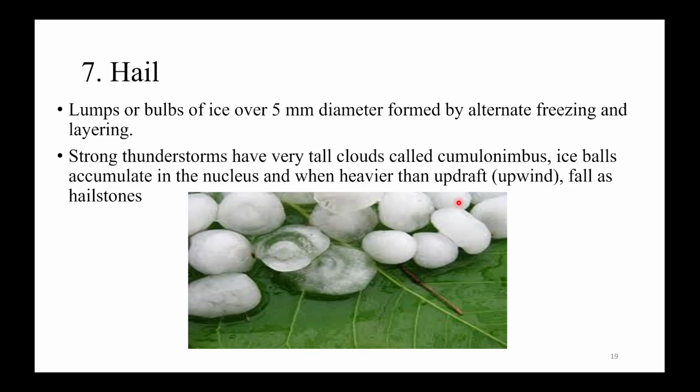And they will rise and rise because, as we know, warm air is always lighter in density and cold air is denser. Light air will always rise above the denser air, that is, warm air will always rise above the cool air. And midway it will lose some of its heat because of the adiabatic lapse rate, then it will form a cloud. And these clouds, especially some special cases which we have seen, like the thunderstorms, are very tall clouds called cumulonimbus.